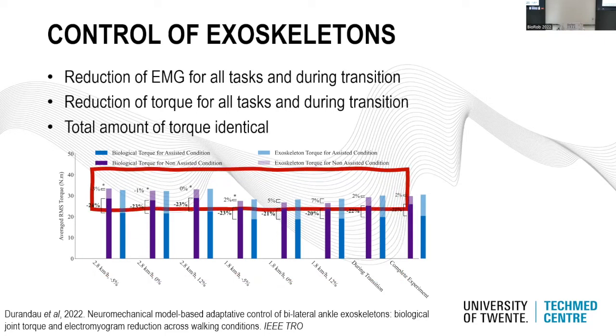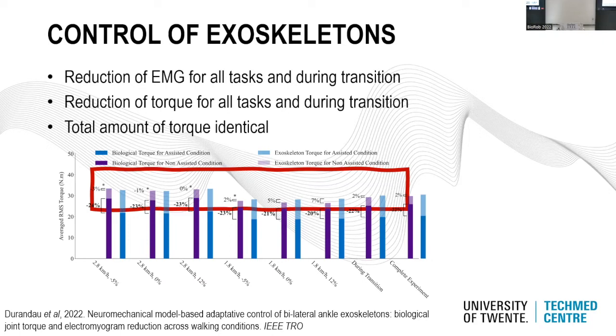But what was very interesting is that if you take this biological joint torque, so in this dark shade, and on top of it, you add the interaction torque between the human and the exoskeleton, which is in lighter shade, then you can see that the total torque to realize the task was similar between the 2 conditions, which means that basically the subjects were reducing their own forces by the same level of assistance was providing.